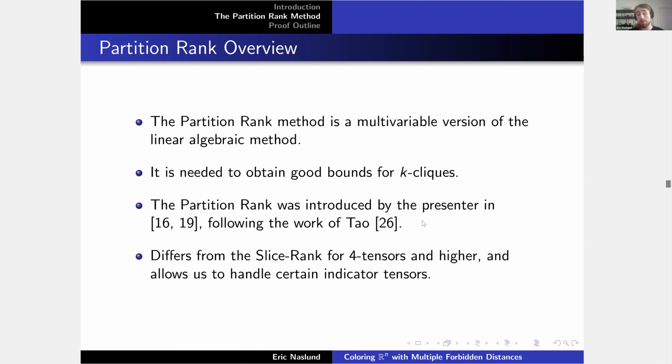One other note is that the tensor rank, the slice rank, the matrix rank and the partition rank are all the same for 2 tensors. The slice rank and the partition rank are the same for 3 tensors, and for 4 and higher, they're all different. So let's get into what the partition rank is and what the linear algebraic method is.